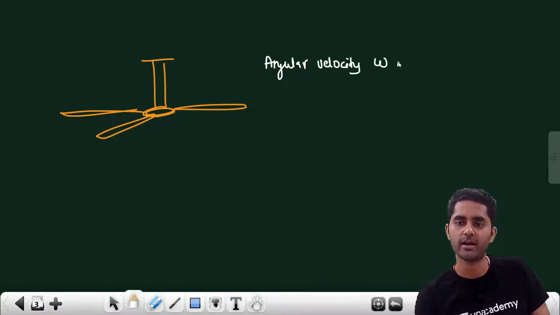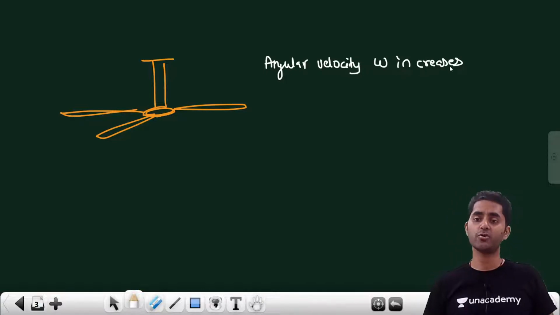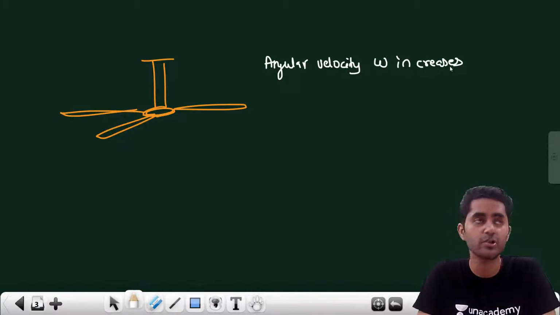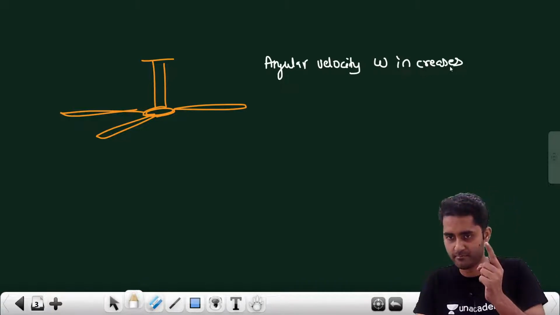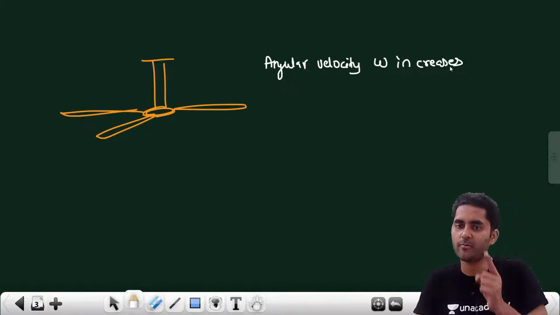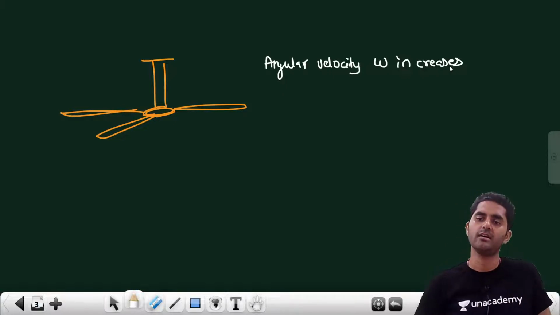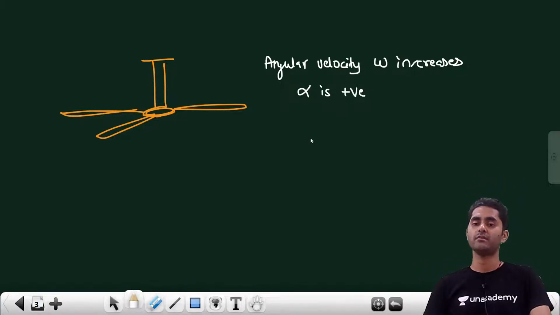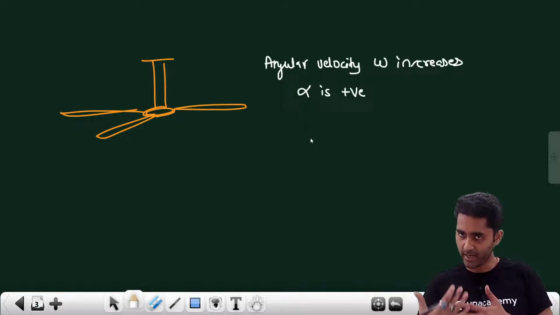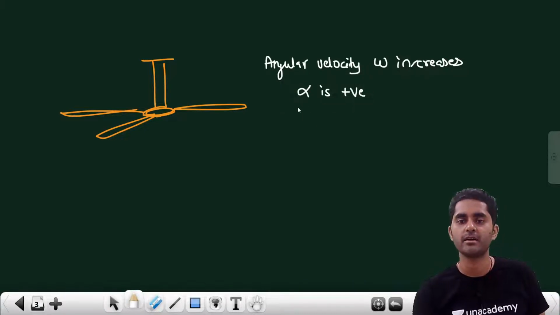Angular velocity omega increases at the start because the fan speeds up. Since omega is increasing, in this case your alpha is positive.